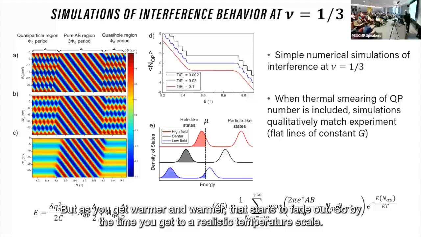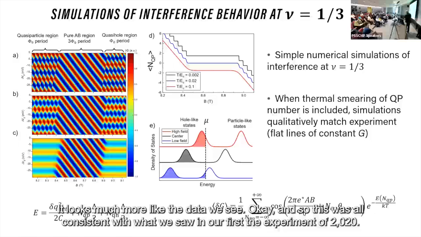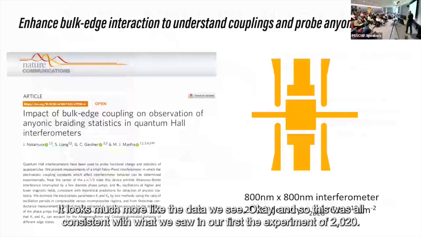But as you get warmer and warmer, that starts to fade out. So by the time you get to a realistic temperature scale, it looks much more like the data we see. Okay, and so this was all consistent with what we saw in our first experiment of 2020.